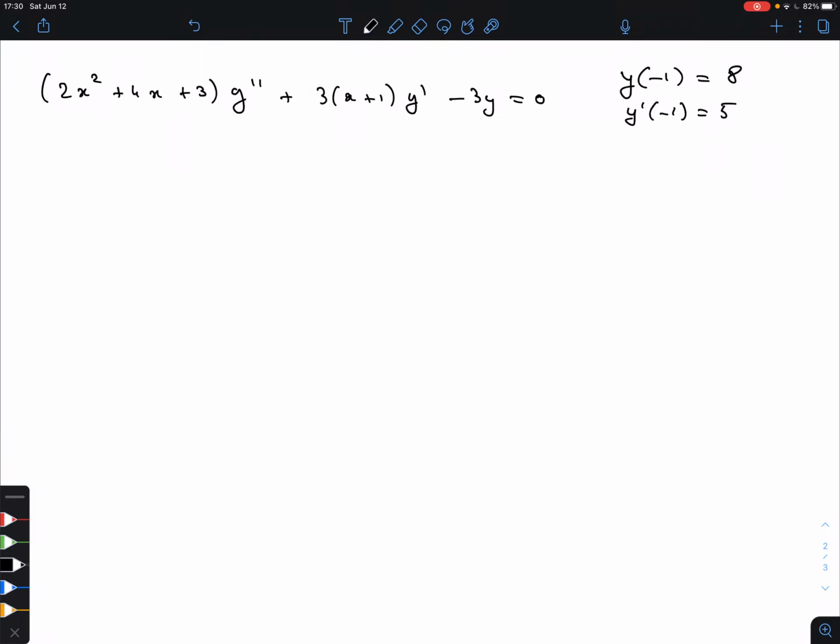So here, by virtue of the fact that we have initial conditions at negative 1, this means we should center it at negative 1. So we're looking for something of the form x plus 1 to the n. The power series in x plus 1 to the n.